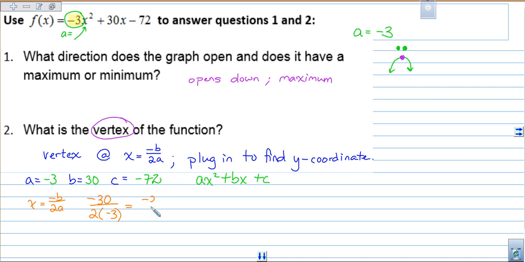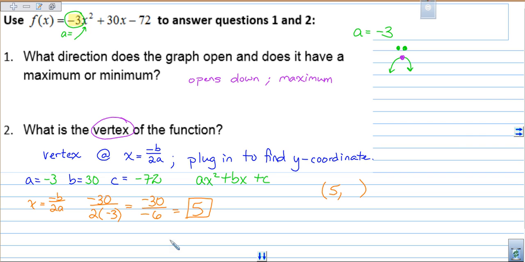And so you get -30 over -6, which equals +5. So now our vertex coordinate is going to be 5 something. And the way we figure out the something is we plug 5 in to the whole function up here, and then that'll give us our y value.